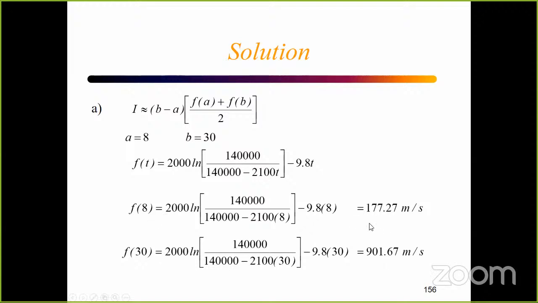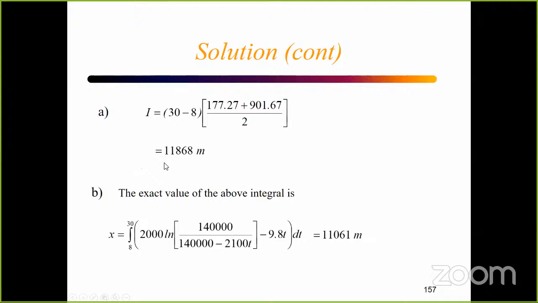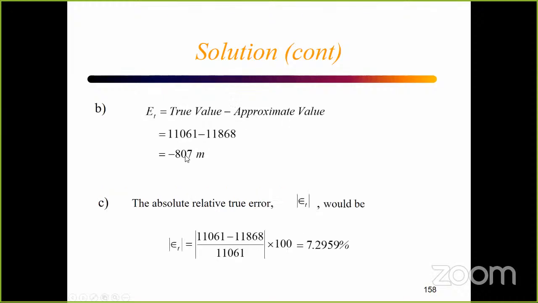If you use these values, the distance covered is 11.868 kilometers, while the exact value of the integral is 11.061. Around 800 meters is the difference from the method; the true error is 807 meters. The error involved is about 7%.